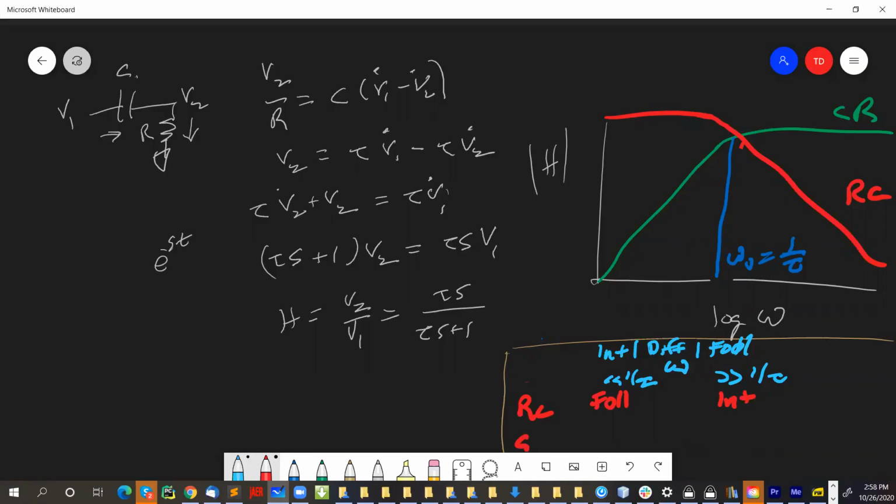But the CR, that's the CR. It's just the opposite. For high frequencies, it acts like a follower. And for low frequencies, it acts like a differentiator.